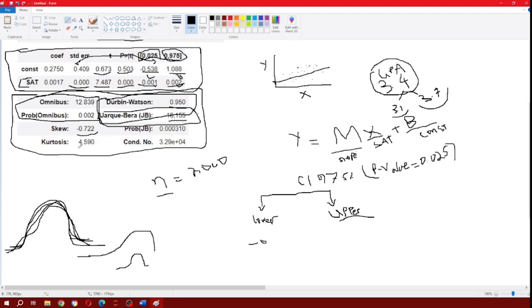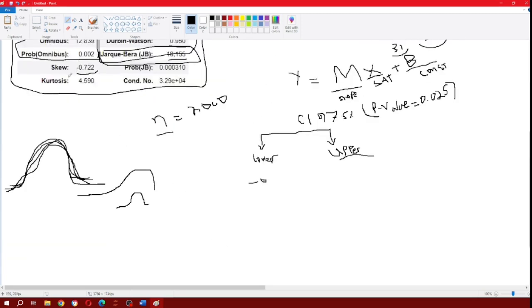Kurtosis tells you how much data is in the tails and gives you an idea about how peaked the distribution is. It's not necessary to know the mean or the standard deviation of the data in order to run the test. Kurtosis looks at the peak.